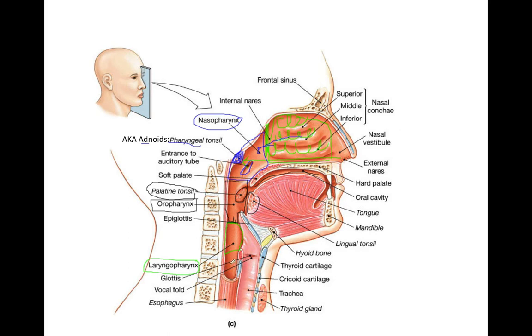So here's the esophagus. Food's going to go down the esophagus. So this is the laryngopharynx right here. What kind of epithelium here? Food and drink, so it's going to be stratified squamous. So I think that's all I wanted to show you on this slide.